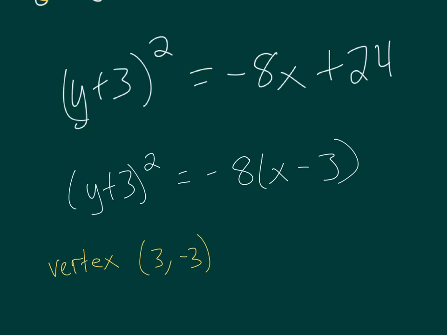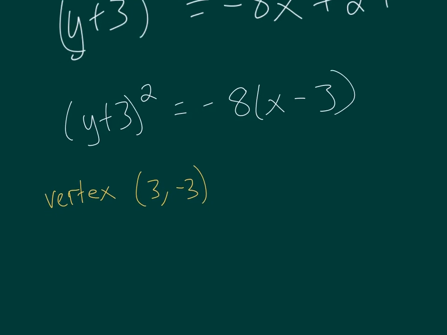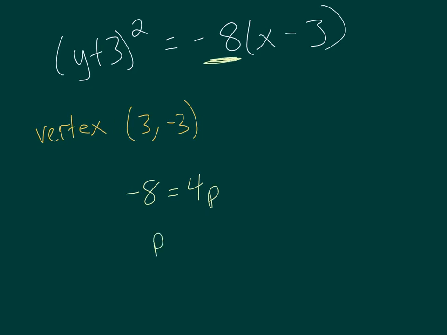Next we want to solve for p like we learned in class. Take the term in front, negative 8, and set it equal to 4p. Dividing both sides by 4, negative 8 divided by 4 is negative 2. So p is negative 2.